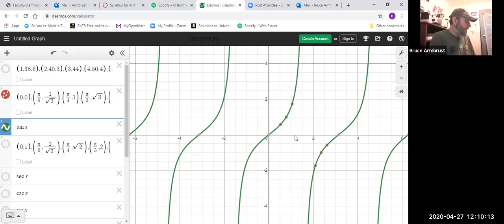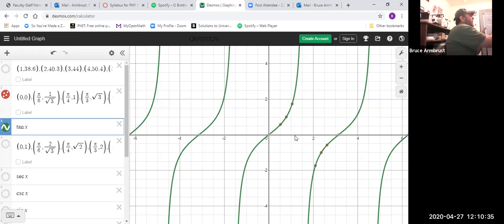And we've already seen that. When we built that chart, we had places where we wrote undefined or does not exist. So in terms of the domain, it turns out that the domain for tangent is everything except those pi over 2, 3 pi over 2, those odd half pi's.